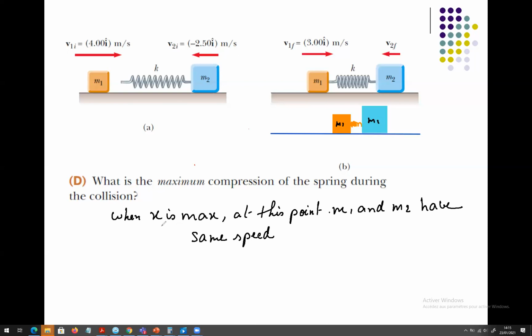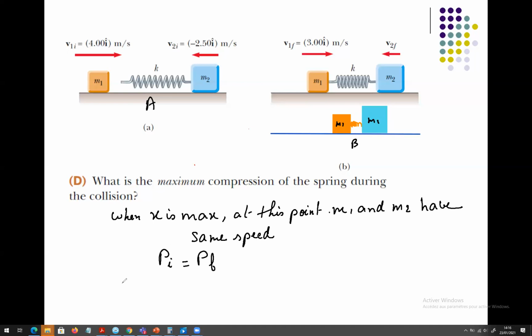Okay, I need to calculate X maximum. Here, as you like, you can use the mechanical energy between this point A and the point of maximum compression. You can. But the problem here is we don't have the velocity anyway. And you can use P initial equals P final.